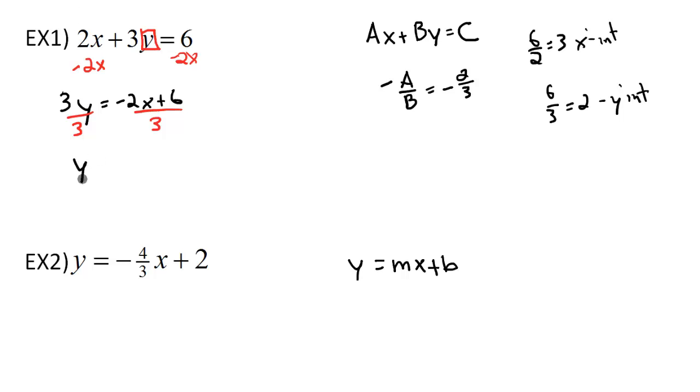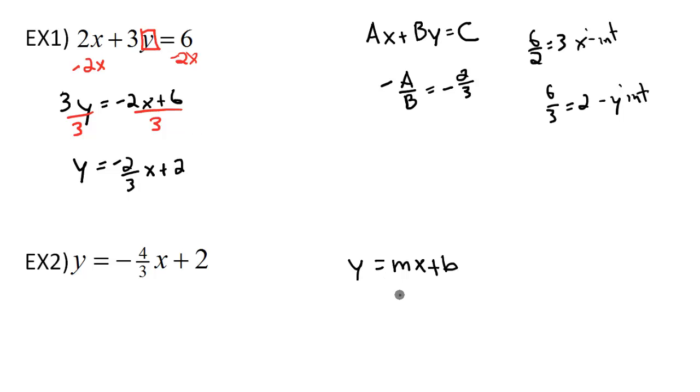And that will be y equals, which we wanted, and then negative 2x over 3. So that's going to be negative 2/3 x plus, and then 6 divided by 3 is going to be 2. So that's our equation of a line written in slope-intercept form.